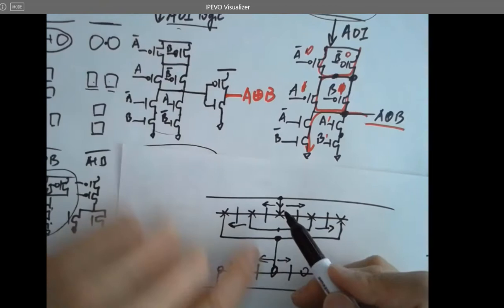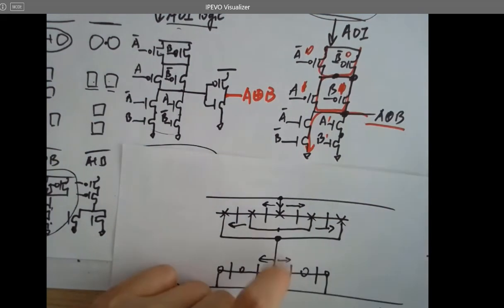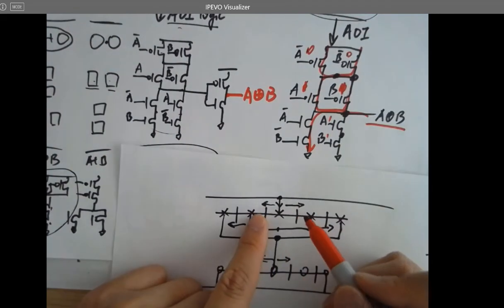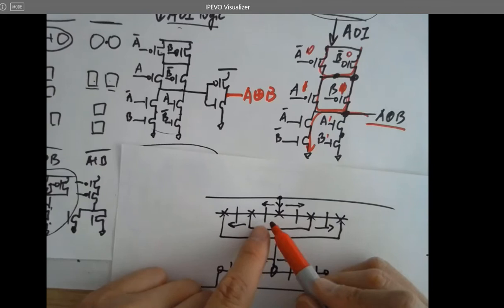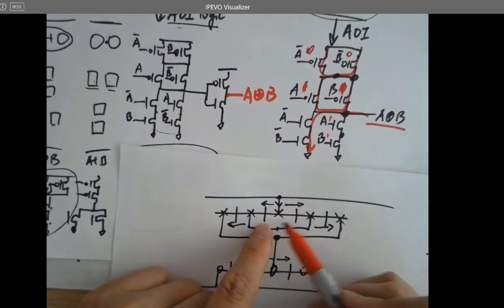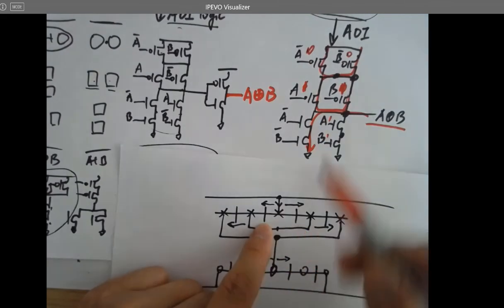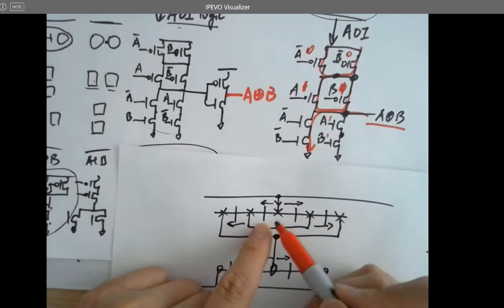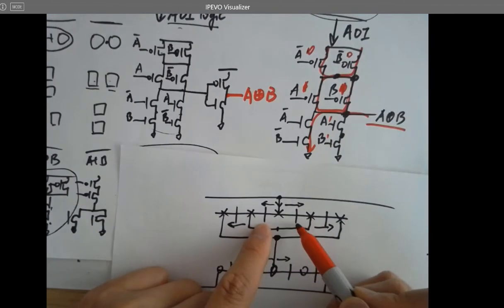So let's start from the top. And VDD is being introduced from the top and being split into two directions. So definitely you know these two gates need to be shorted to A0 and B0 respectively, right? So which one should be A0, which one should be B0?